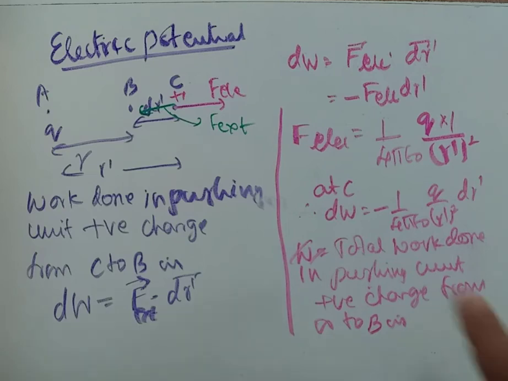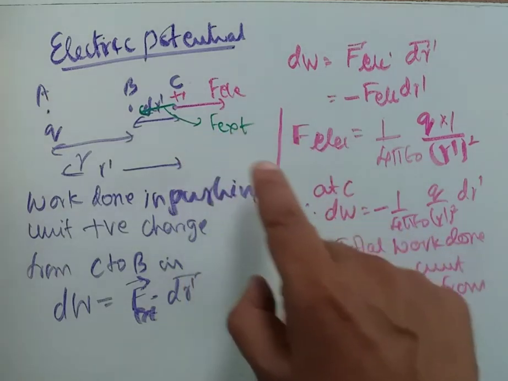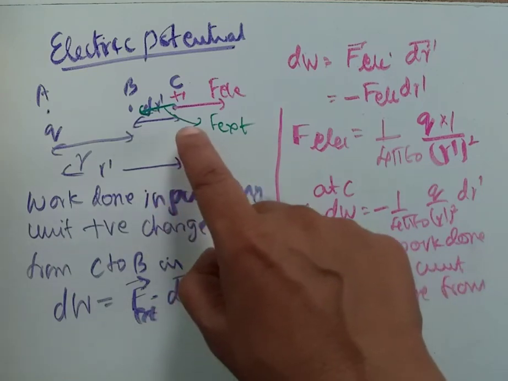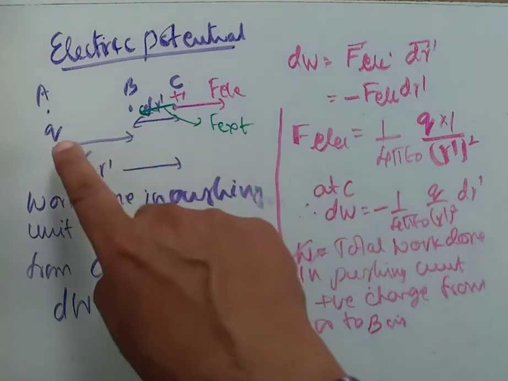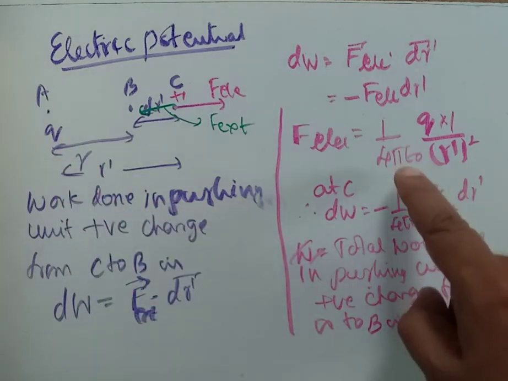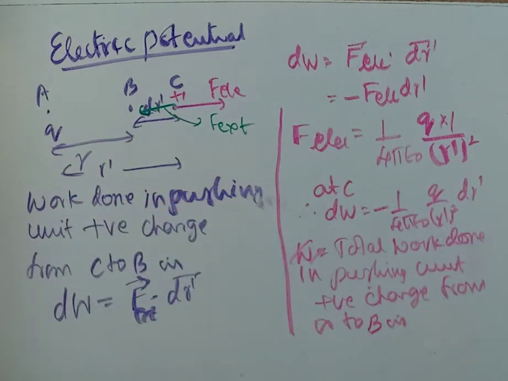But F electric is the force on a unit positive charge at C due to charge Q. Therefore, according to Coulomb's law, it is 1 by 4 pi epsilon naught Q by r dash square at C. Therefore, the work done dW equals minus 1 by 4 pi epsilon naught Q by r dash square dr dash.